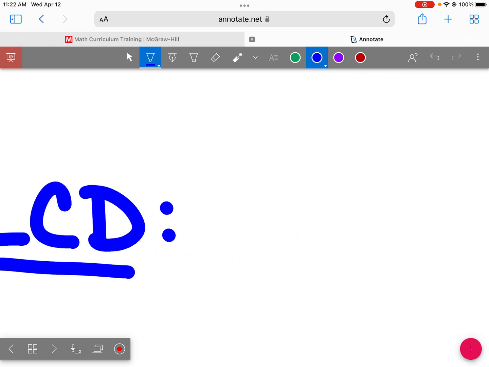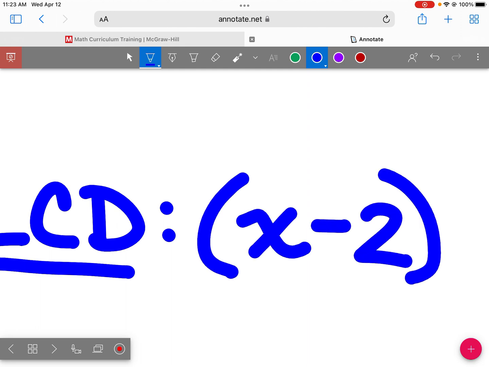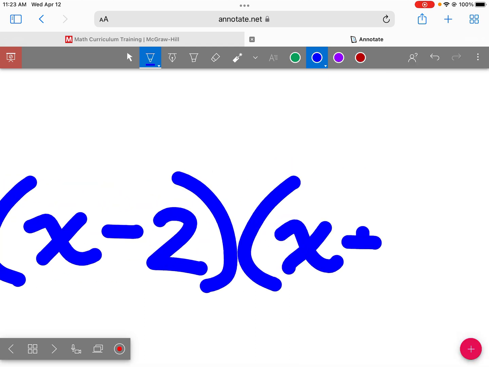My LCD has to have a factor of x minus 2. Then I come over here to the second fraction. Again, I'm only looking at the denominators because this is the least common denominator. Is this factor already over there in my LCD? Nope. Then I have to put it over there. So I need a factor of x plus 1.